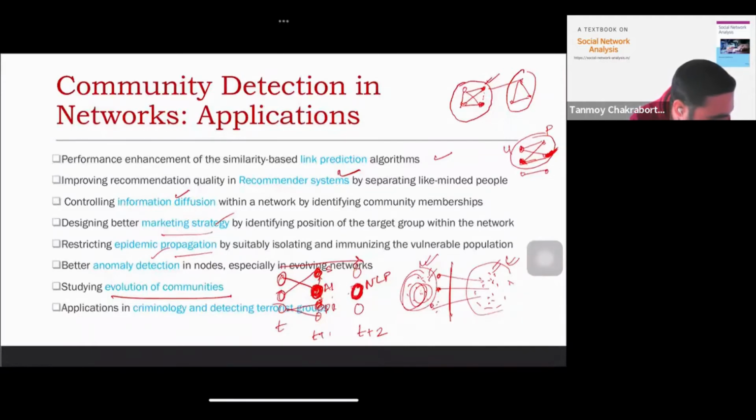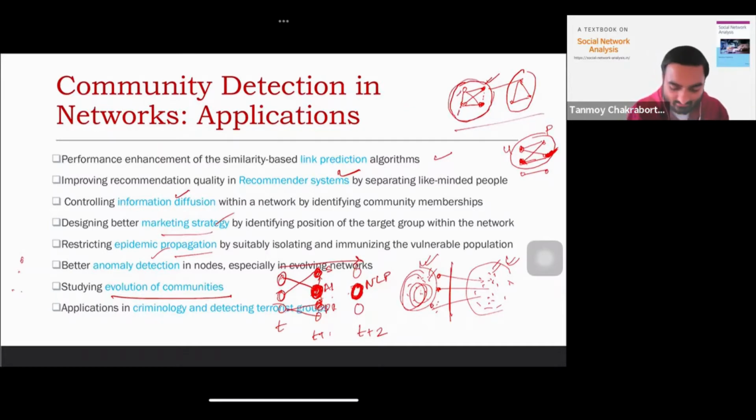So say, for example, you want to understand the spread of criminal ideology or terrorist recruitment. Let's assume that you know this is a network, and this is one community. You also know that these two nodes are criminals.